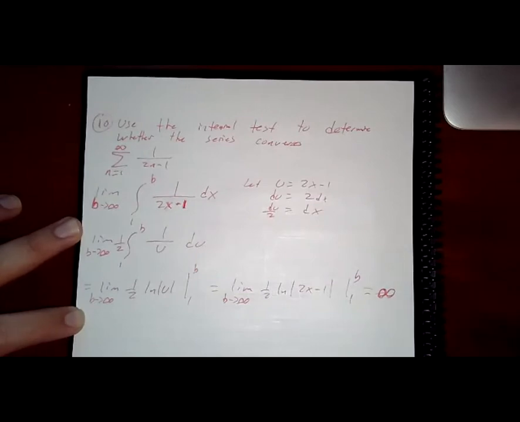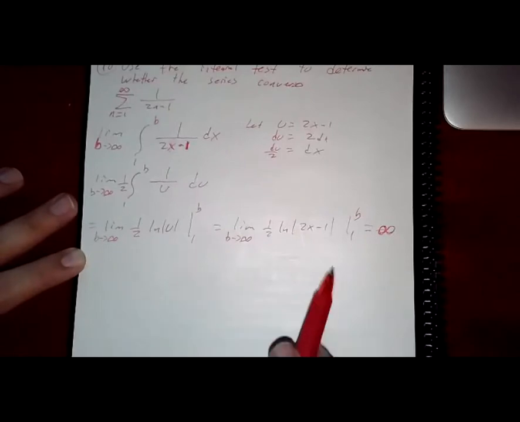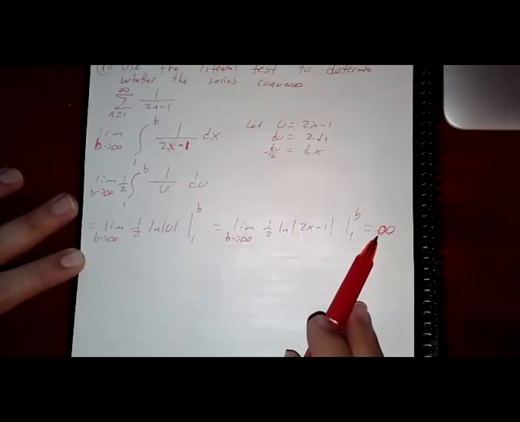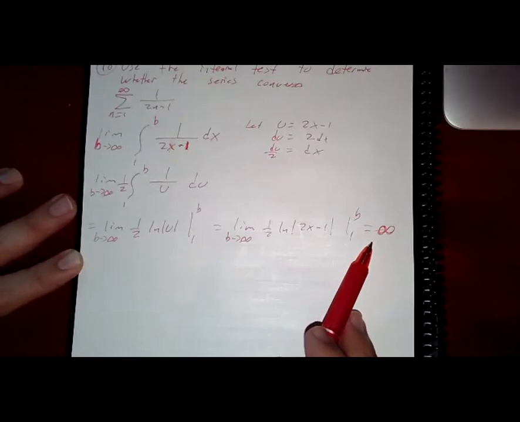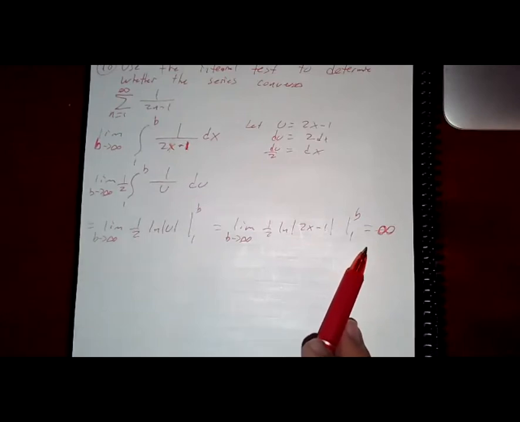Do you see why, or should I show why? Is it clear? So we didn't need to do a first derivative test? No. Oh, you mean to check if it's decreasing and all that? Yeah.